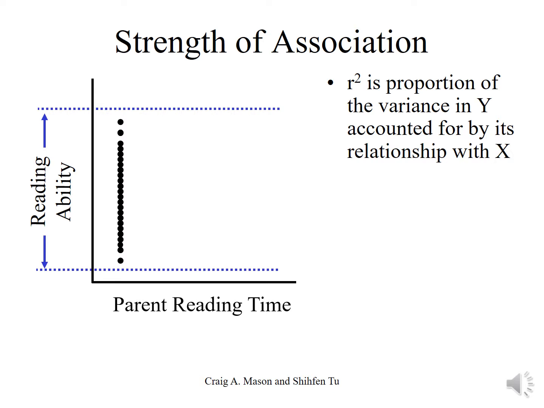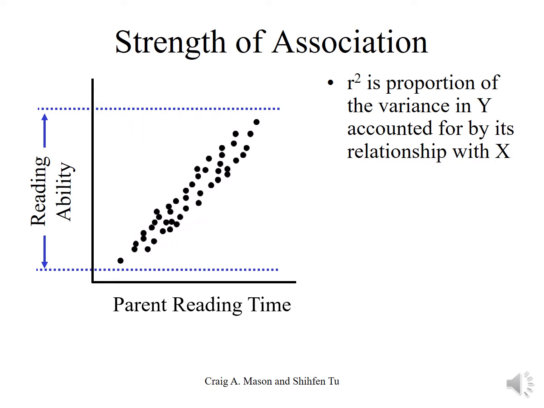Well, scores would now be plotted along both dimensions, and it may look something like this. Notice that there's now a clear, strong, positive association between the two. Notice how things change once we take into account the correlation between parent reading and child reading.